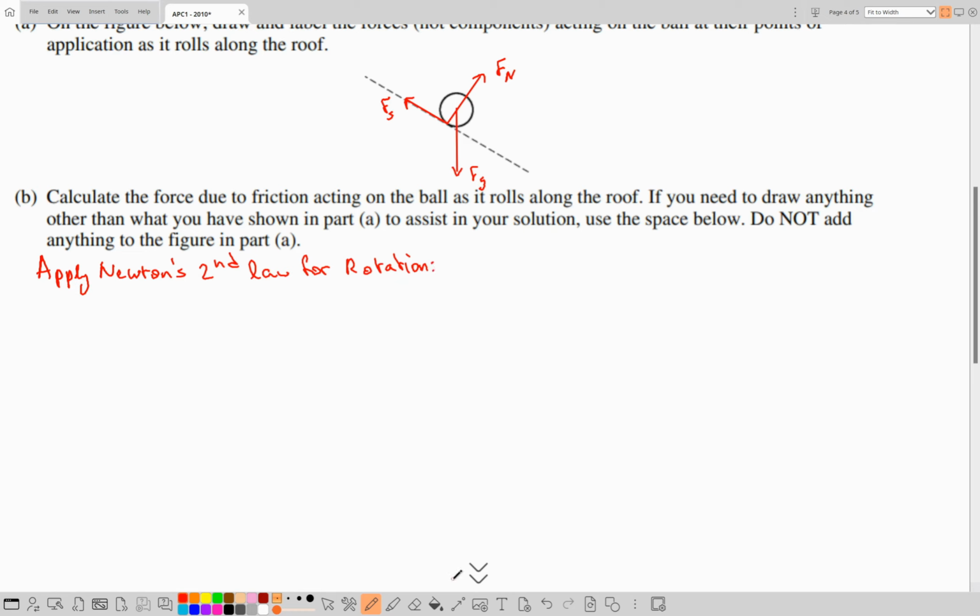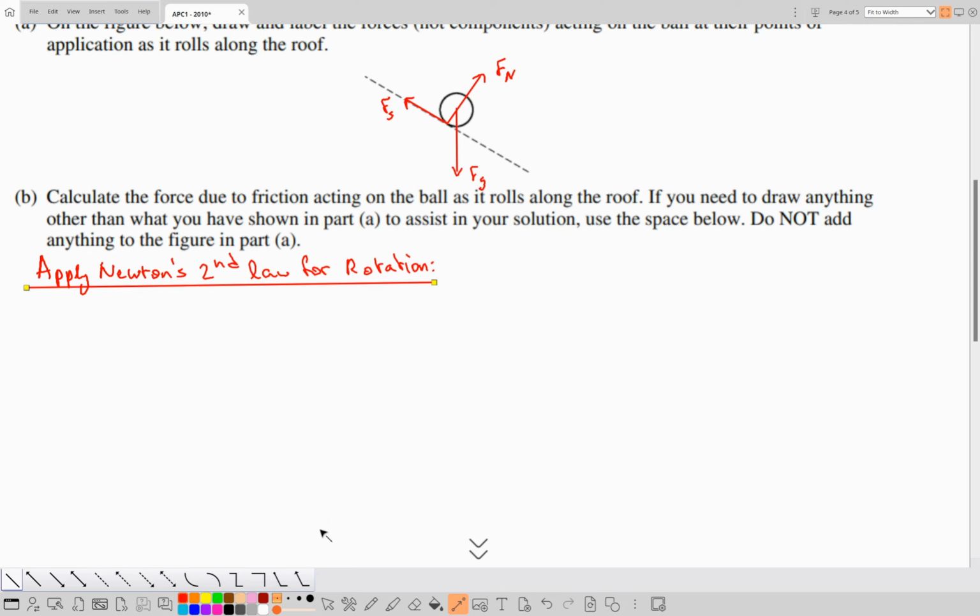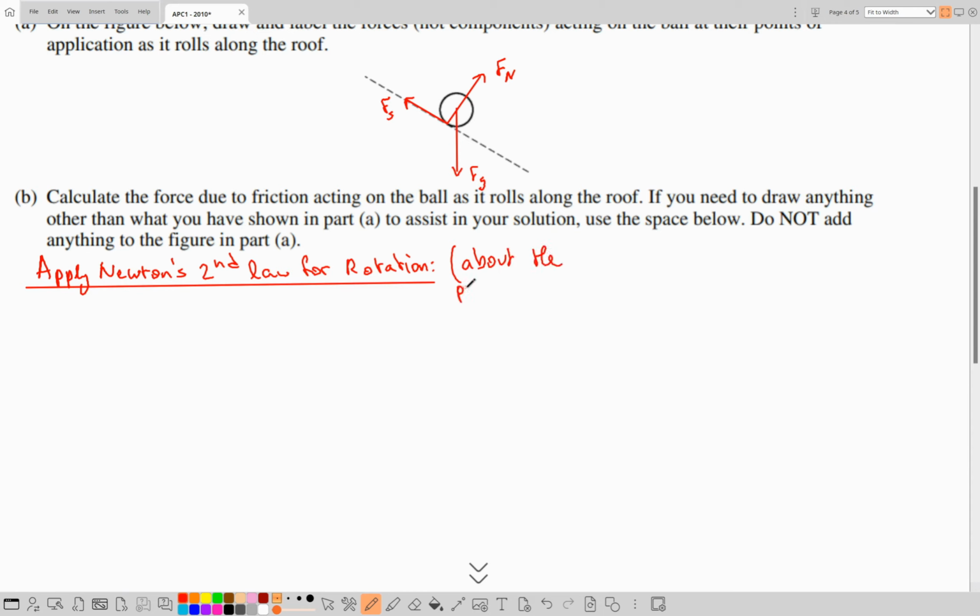Initially we're going to choose it about the point of contact. And we're going to say torque about the contact point is equal to I alpha.